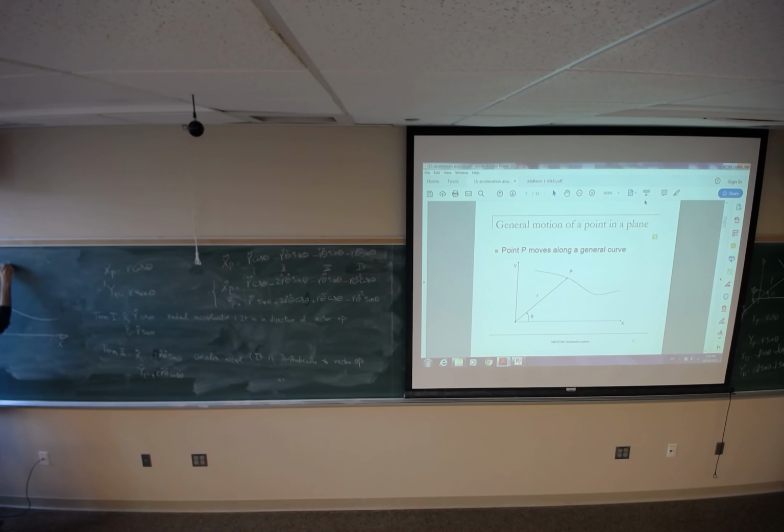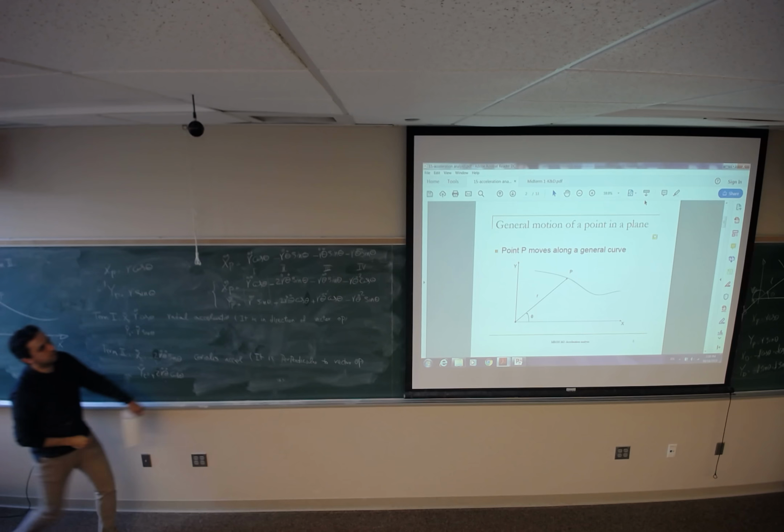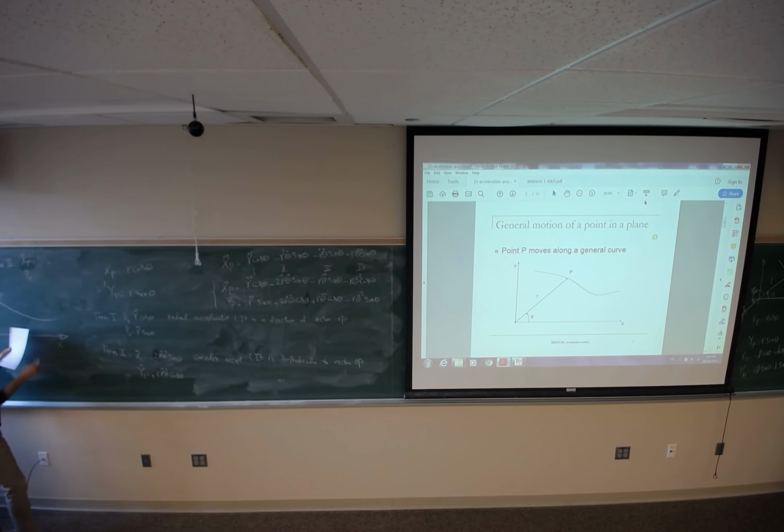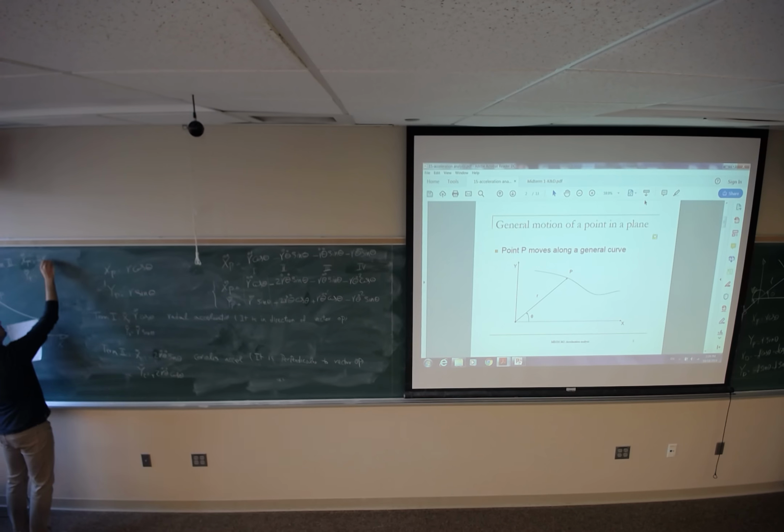Term 3 is negative r theta double dot sine of theta for x, we call it tangential, so I just represent it by t, and y double dot t is positive r theta double dot cosine of theta.